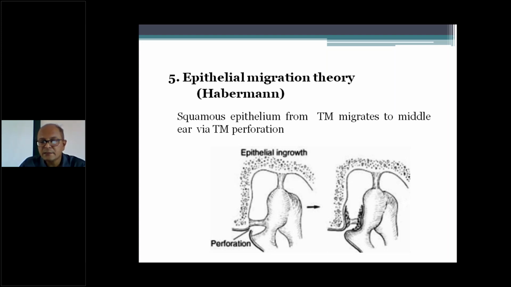So post exanthematous fever, when there occurs a superadded infection of beta hemolytic streptococci, that leads to complete loss of the tympanic membrane, including the fibrous annulus. So that is the definition of total perforation. In total perforation, the fibrous annulus is also lost, and then the epithelial migration can very easily occur.